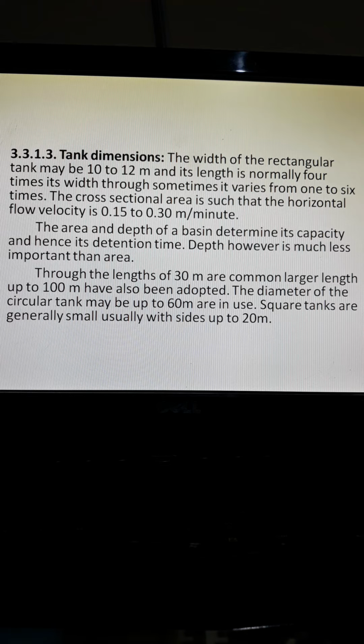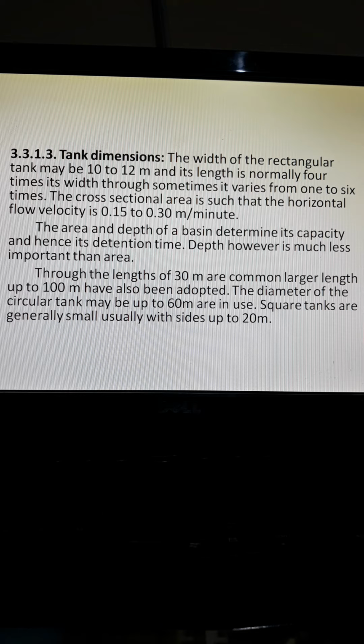Though lengths of 30 meter are common, there are some examples whose lengths are around 100 meters or more. They also have been adopted. Circular tanks with diameters up to 60 meter are in use, but if the diameter of the circular tanks ranges from 10 to 20 meters, it will be ideal and easy for maintenance of the sludge cleaning equipment and properly monitoring the sedimentation tanks.